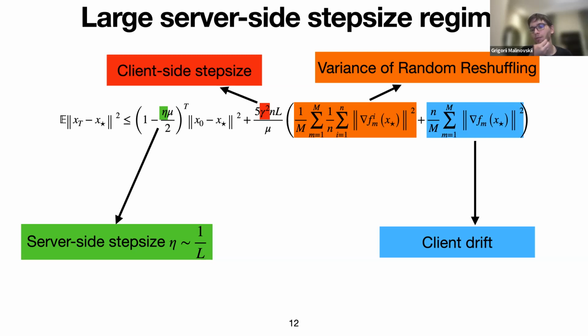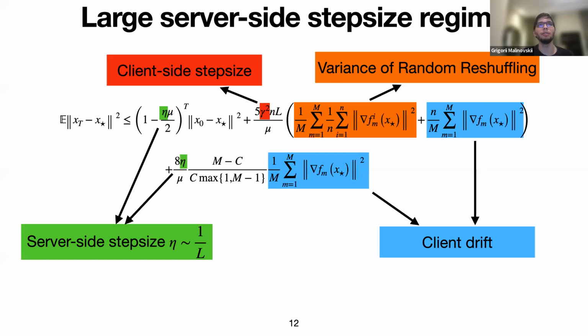Okay, let me continue. And okay, if we consider partial participation, let's say with uniform client sampling, we will get additional error term, which is proportional to basically eta, and it's proportional to client drift notion.